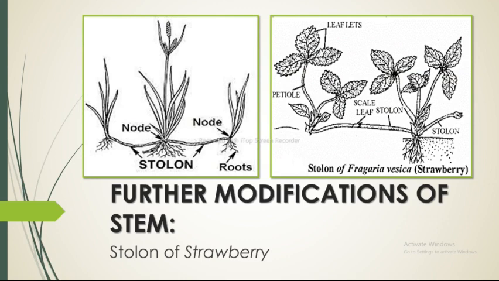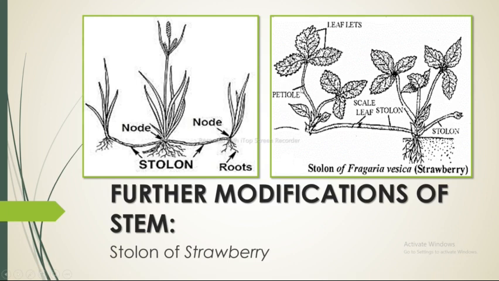Further modifications of the stem. So this is the stolon of the strawberry. In the first figure, you can see that these are nodes. Again, this is a node. So these are the stolon and these are roots. In the second figure, you can see these are leaflets.